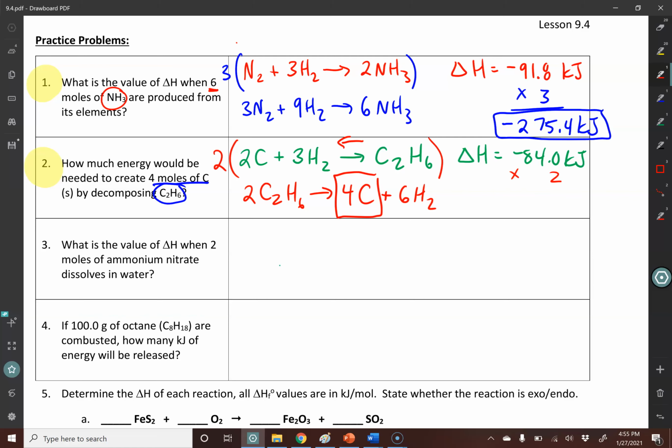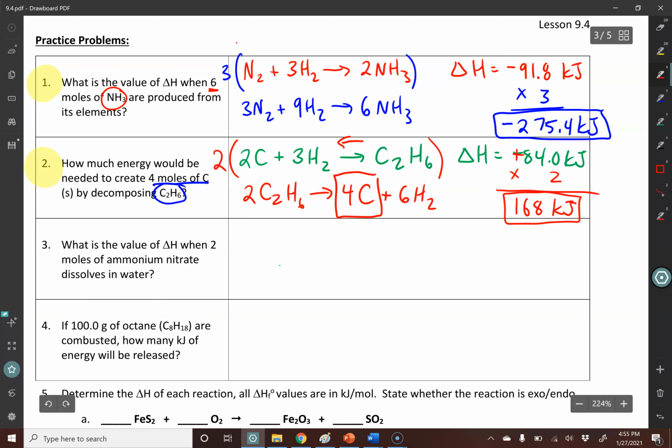You can either think about that as multiplying by negative 1, or if you just want to change the sign right off the bat, that's completely okay as well. So I can take 84 times 2, and I come up with 168 kilojoules as my amount of energy that would be required to create 4 moles of carbon using C2H6 as the reactant.